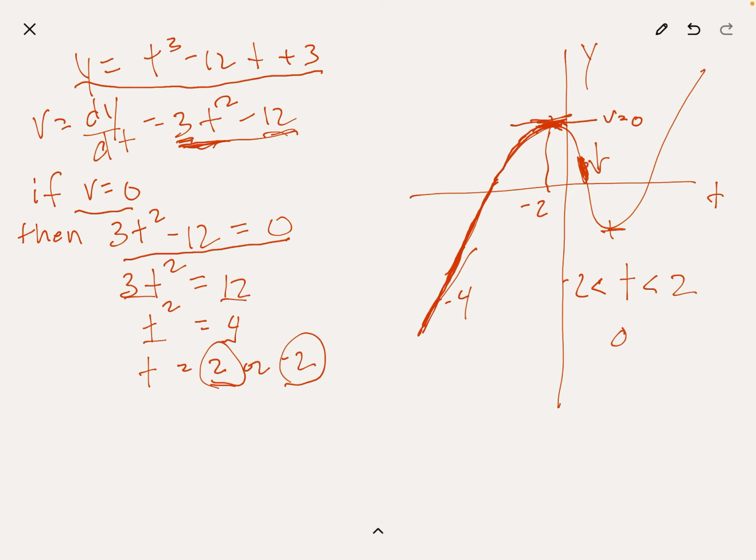The slope is going to be negative. The particle's going back down. And then you can see what happens when you get to t equals 2. That's a local minimum for the path of the particle, and that's when the velocity equals 0.